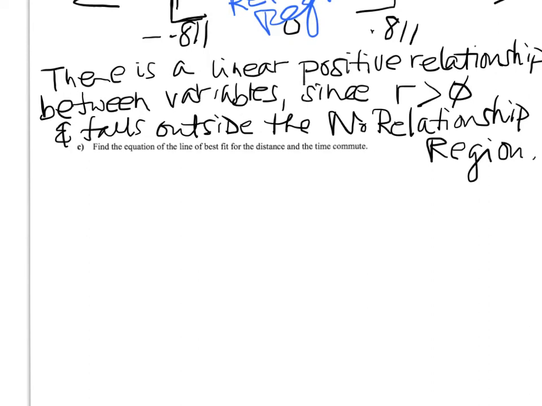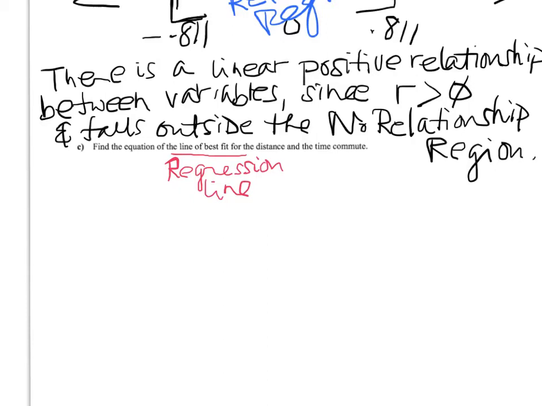So now let's go to part C. Part C is asking us to find the equation of the line of best fit for the distance and the time commute. Remember that the equation of the best fit line is basically your regression line. That's all I'm asking you to find.